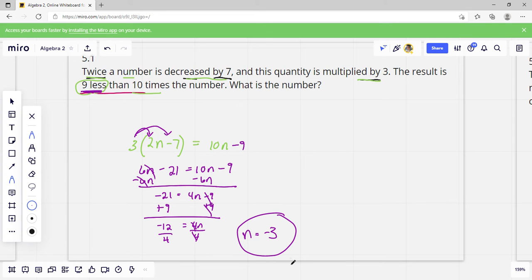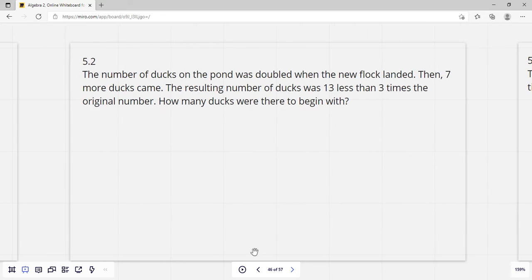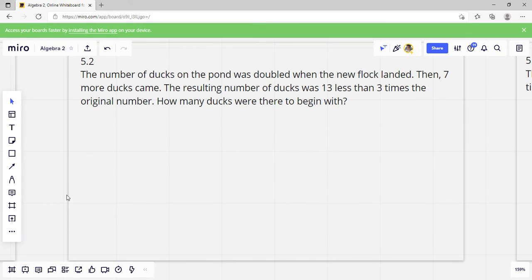Alright, and there's a couple more examples here of that same kind of problem. Alright, this one is about ducks on a pond. The number of ducks on the pond was doubled, so that means 2n. Okay, so our number of ducks, or we could use D. You can use any letter you want. In the book, they have it as number of ducks with a subscript, but you don't have to do that, because we're not counting numbers of different things.